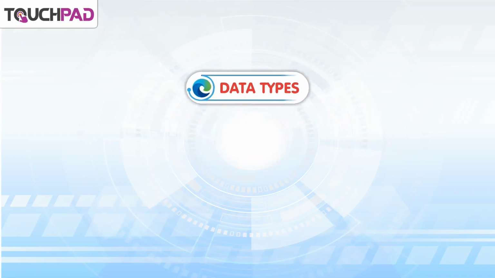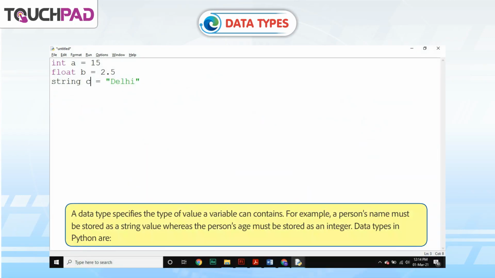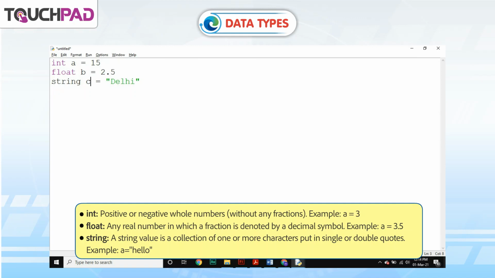Data types. A data type specifies the type of value a variable can contain. For example, a person's name must be stored as a string value, whereas the person's age must be stored as an integer. Data types in Python are int, positive or negative whole numbers without any fractions.